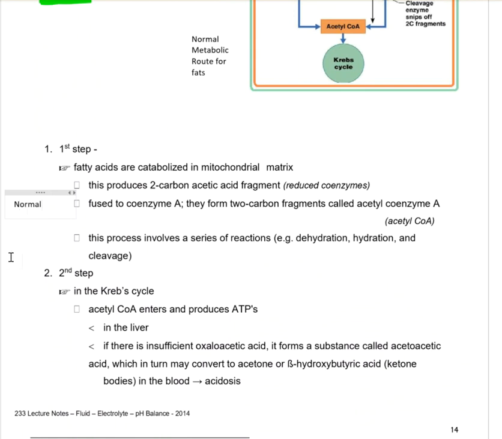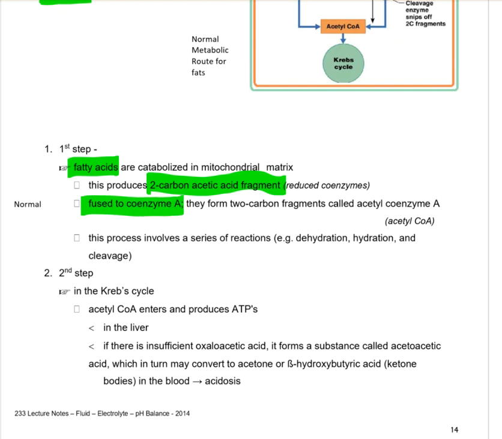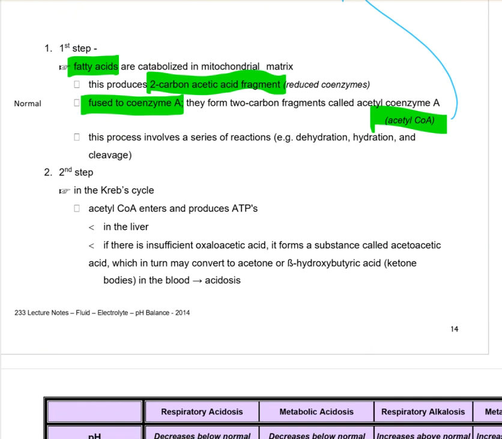Normally, the first step is that fatty acids are broken down into a 2-carbon acetic acid fragment, and they're fused to coenzyme A, and they become acetyl coenzyme A, right? And that's where they enter the Krebs cycle. Nothing unusual here. Now, the second step: the acetyl coenzyme A enters and produces ATP, right?